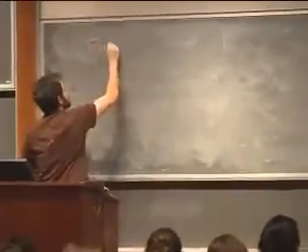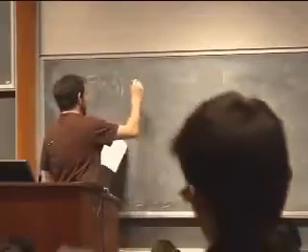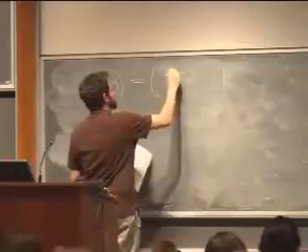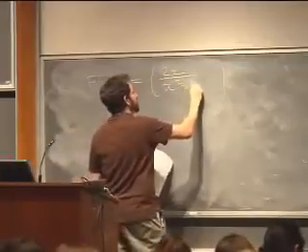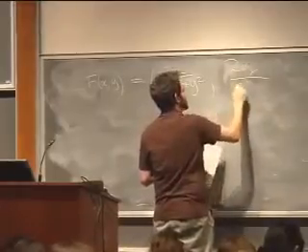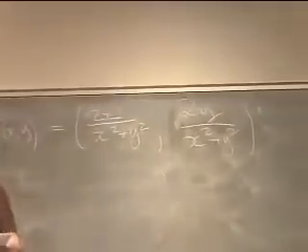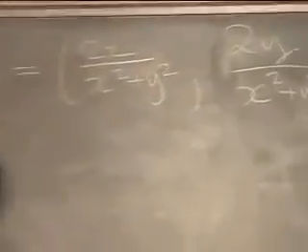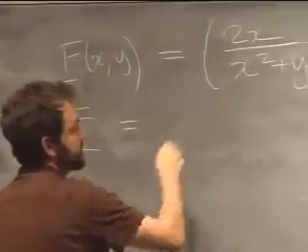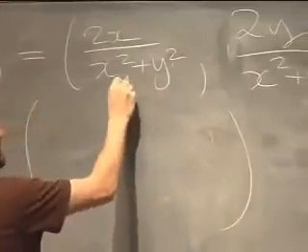Hopefully not. So you're given f of x, y is (2x over x squared plus y squared, comma 2y over x squared plus y squared). And you're asked to compute the divergence in part A. Well, to do the x coordinate, you have to differentiate this with respect to x.